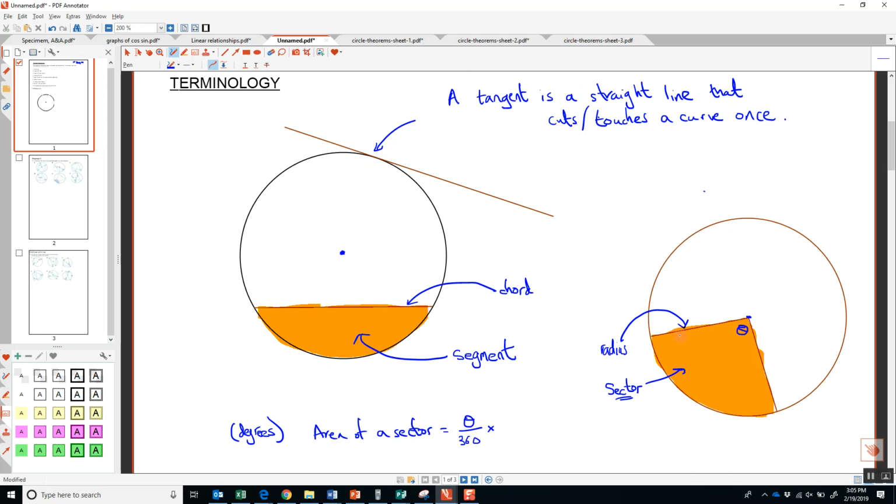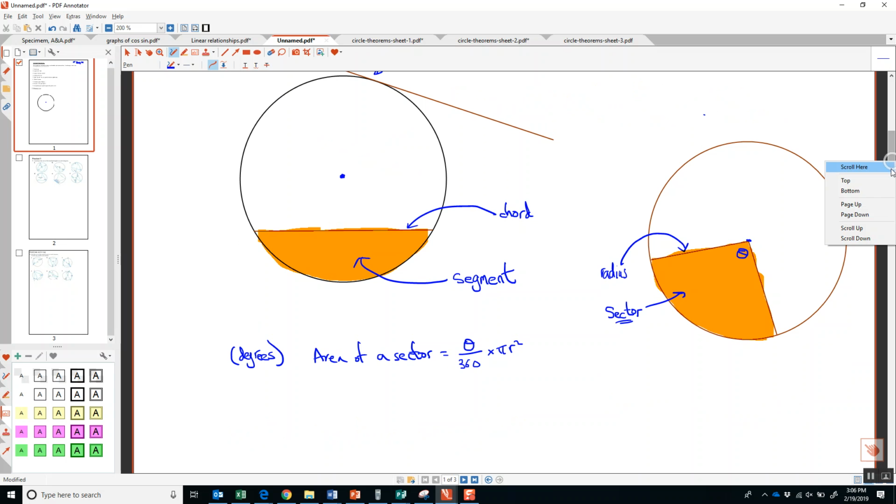Multiplied by, what's the area of a full circle? Yep, pi r squared. Now, if you are dealing in radians, what is 2 pi?